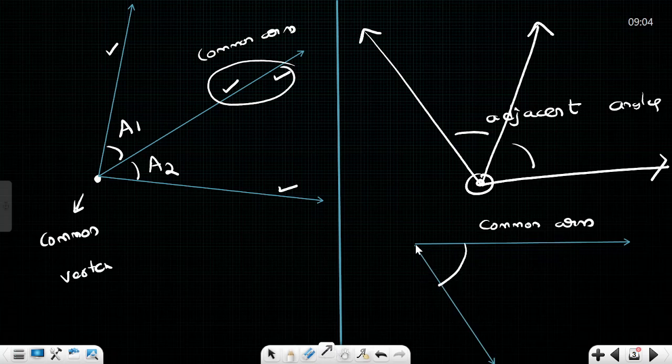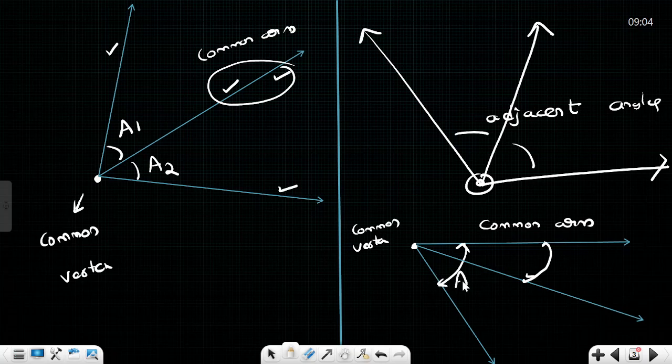Now the other angle is something like this. See carefully, even though they have a common vertex, this bigger angle is not adjacent with the smaller angle. Let's say this is angle A1, this is angle A2. I am writing it in pink color. A1, A2 are not adjacent.